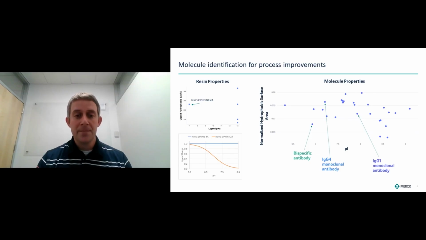Going left to right, you see a bispecific antibody with relatively low pI around 6.8, an IgG4 just a little bit higher. And then as you move right towards the center of the cluster, a typical IgG1, relatively well-behaved, but I'll describe some of the process challenges on the next slide.